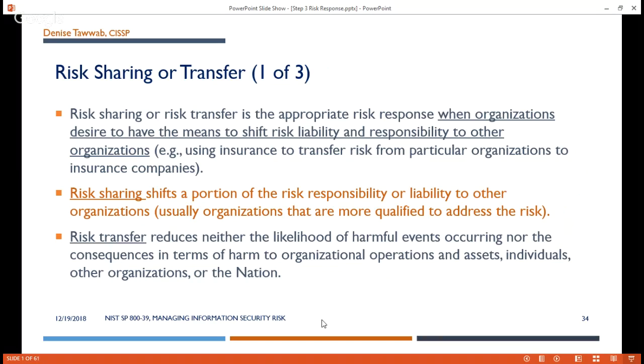Risk sharing shifts a portion of the risk responsibility or liability to other organizations, usually organizations that are more qualified to address the risk. Risk transfer reduces neither the likelihood of harmful events occurring nor the consequences in terms of harm to organizational operations, assets, individuals, other organizations, or the nation.